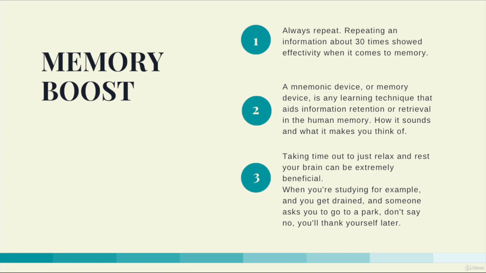The reason is that you did not repeat it. You heard it once and repeated it maybe one time, and then you forgot it immediately. But try this. When somebody tells you their name, try to repeat it 30 times and see that you're not going to forget it. If you have anything you want to learn, by repeating it 30 times, you're going to boost your memory.